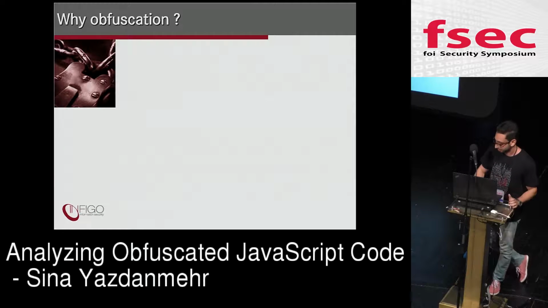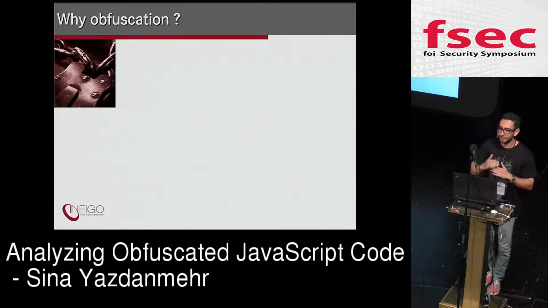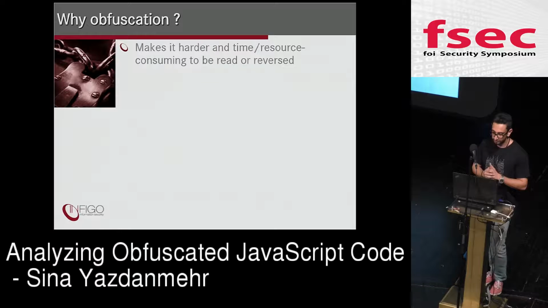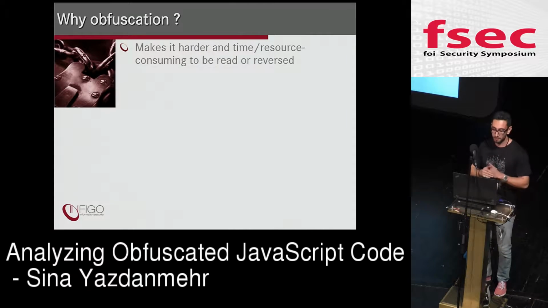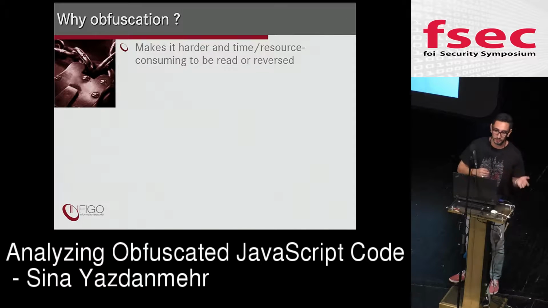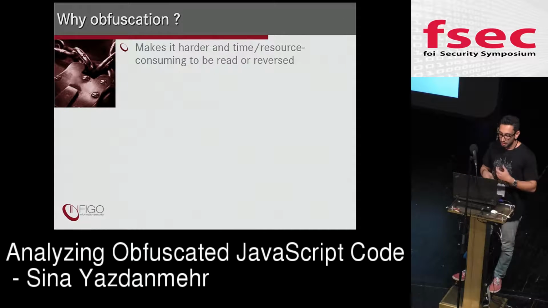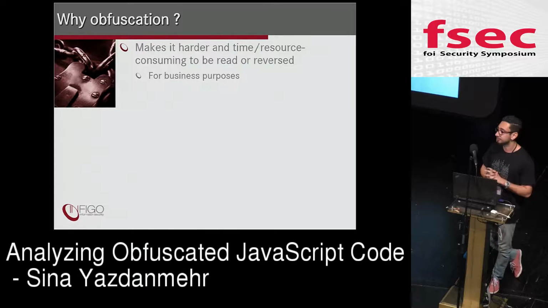Now, let's start with advantages. First, since obfuscation makes code harder to understand and read by an attacker or maybe another person, it takes more resources and time for the code to be broken. The first benefit is for business purposes.